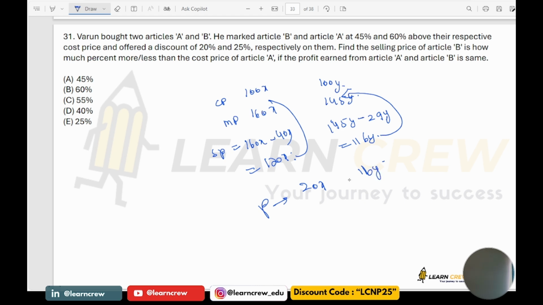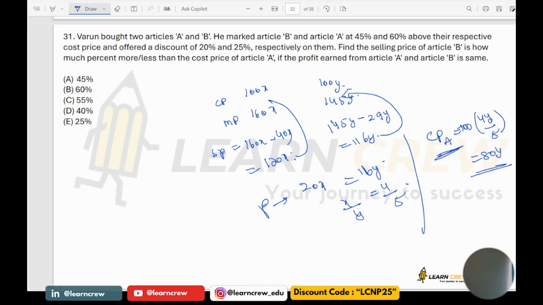Here it is given that 20x is equal to 16y. So x by y is equal to 4 by 5. Thereby cost price of article A would be 100 into x, means 4y by 5, which is 80y. So cost price of A is 80y.